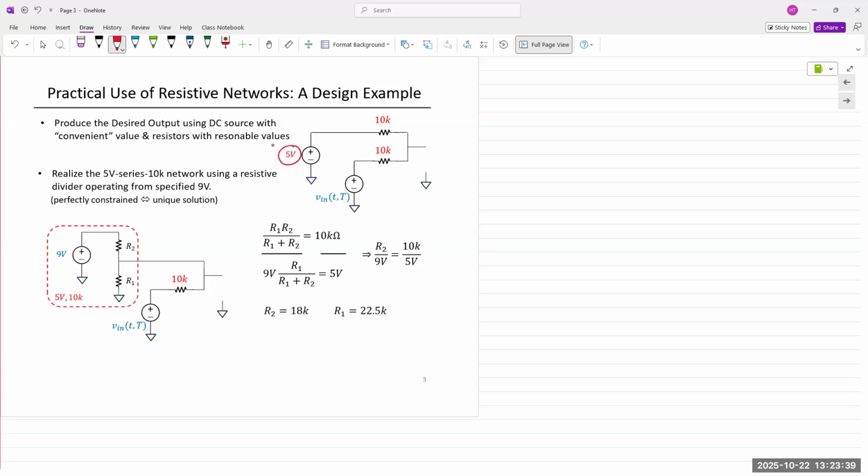If you have a DC 5-volt signal and a waveform like this, it's going to shift your waveform like that. And the difference in the shift is the DC voltage that we are applying.